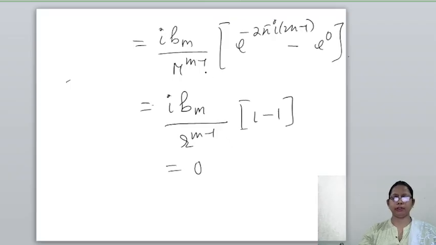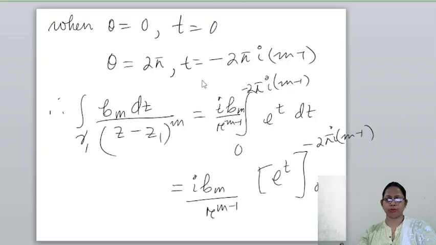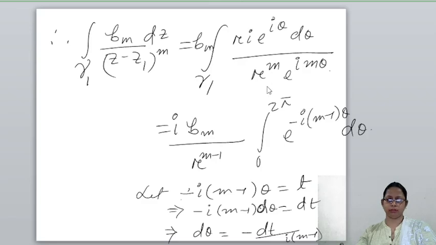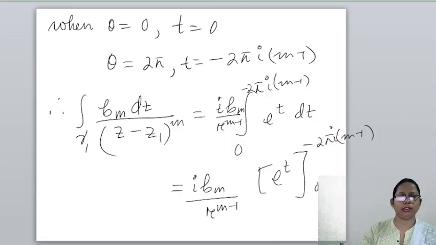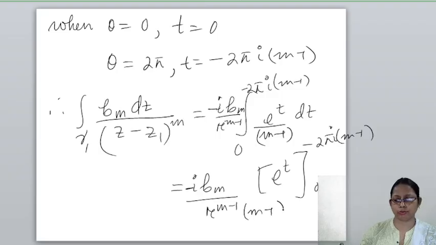So there will be a factor of 1 over (m minus 1) that comes from here. Here this is minus, so this is minus 1 over (m minus 1).